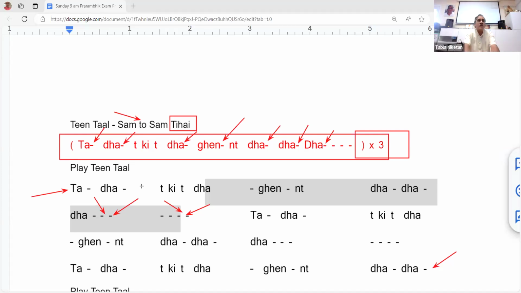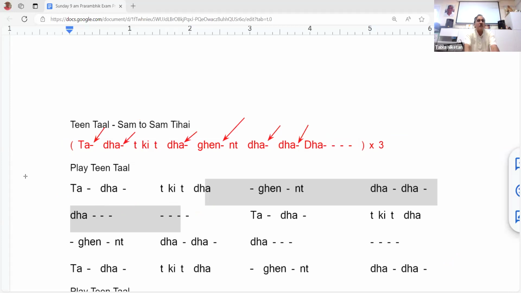Now let's try to do it with the clap, with me, okay? So we are following 1 2 3 4 clap here. Ta will be your clap, ki will be a clap, dha will be a clap, and this is silent. So 1 2 3 4 5 6 clap, we will do it. One, two, ready, go.